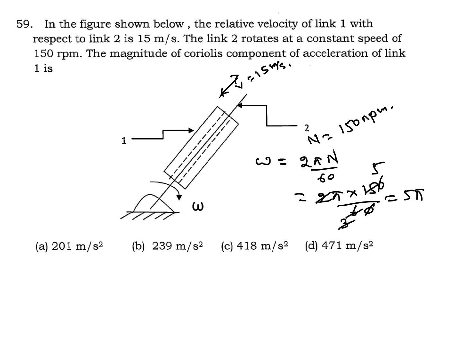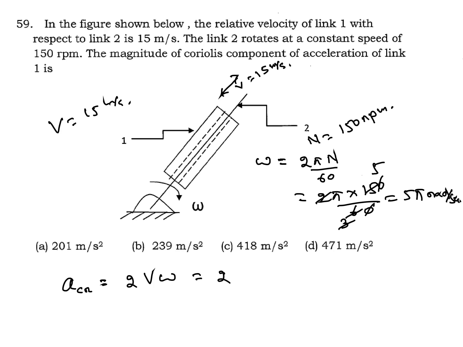V also we got, 15 meter per second. So Coriolis acceleration here is 2v omega. So 2 into 15 into omega, which is 5 pi. Unit is meter per second square.